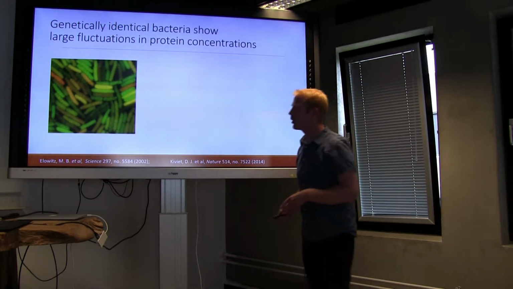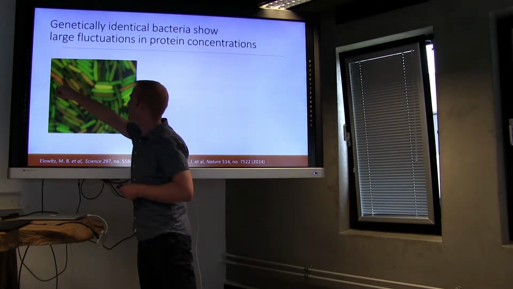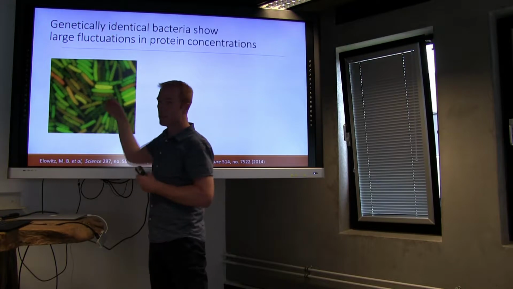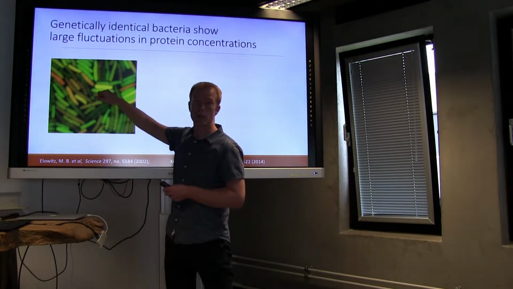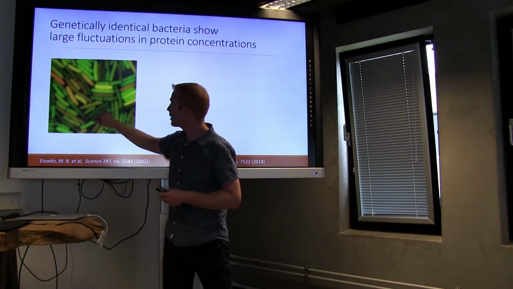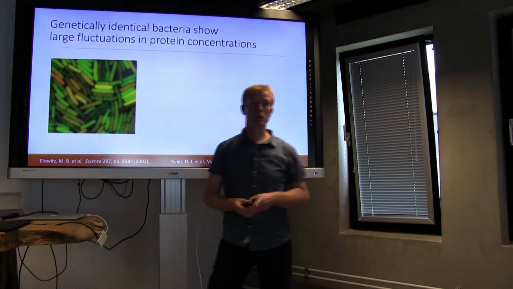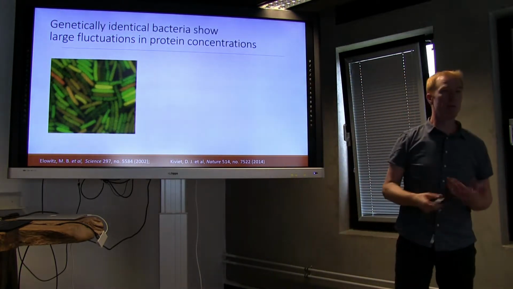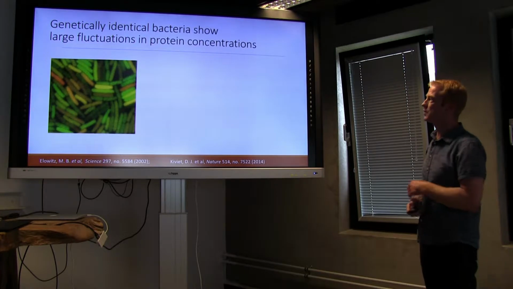In reality, they're yellow and green, but they filter them and they show them as red and green. So if these cells have a lot of both of these proteins, they become bright yellow. They have neither of them, they become very dark. And if they have one of the 2, they're either red or green. So you see that they have very different concentrations of these 2 different proteins.